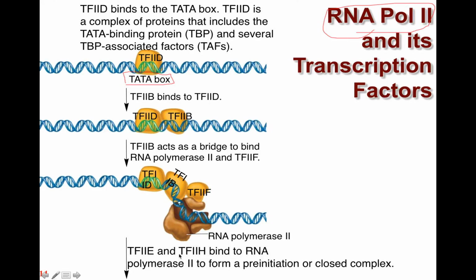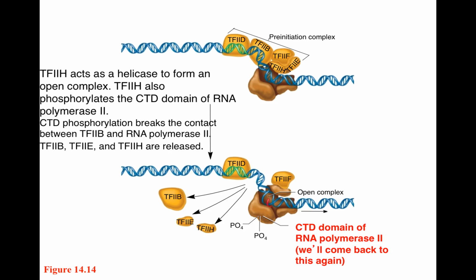Then a few more factors, E and H, bind to RNA polymerase II, and they form a pre-initiation or closed complex. So this is the same idea as in prokaryotic transcription. We're starting out with a closed complex that's bound tightly at the promoter region. TFIIH acts as a helicase to form an open complex.